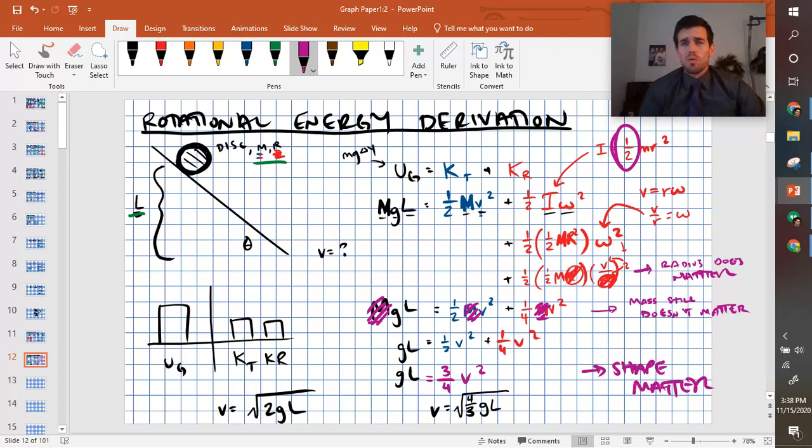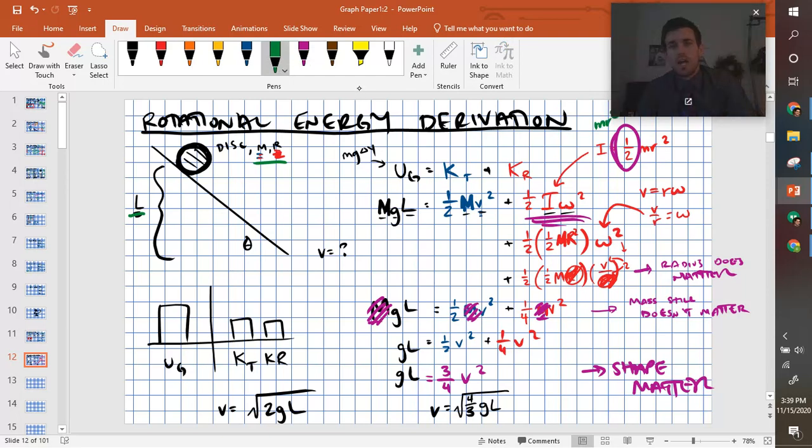So the more rotational inertia that the shape is going to have, the bigger this term ends up being, and therefore the slower it ends up going at the end. So if this had been a disk, like I believe we're doing in class, we end up with mr squared.